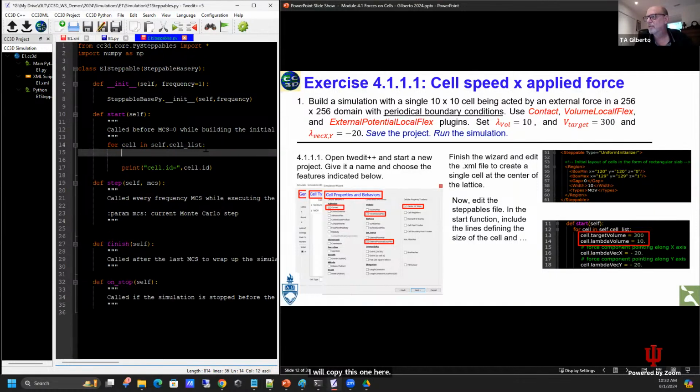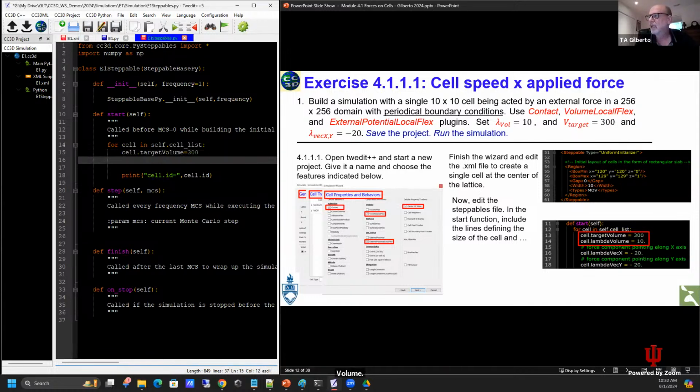I will give it to cell font target volume equals to 300, like the exercise tells you. Cell dot equals to 10.